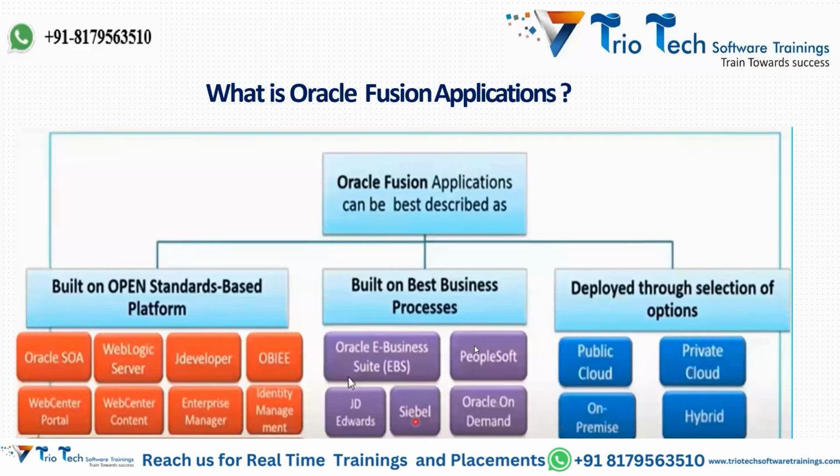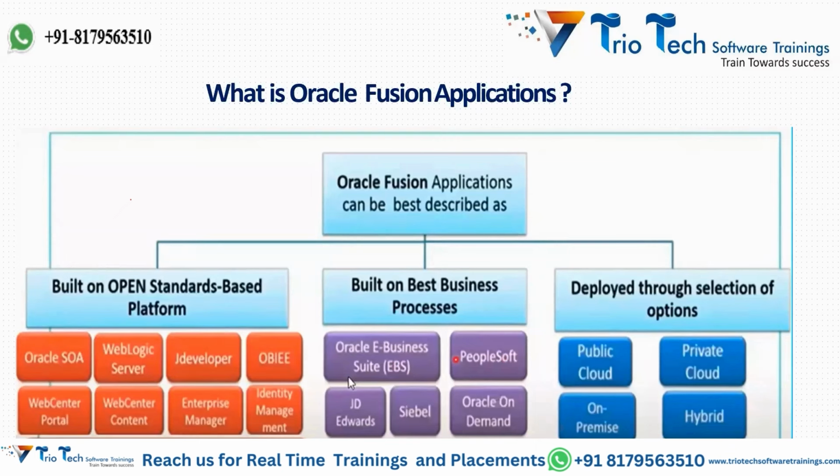And this is something very important everyone should know. Oracle Fusion applications are built on best business processes. What do I mean by this? Oracle E-Business Suite, PeopleSoft, JD Edwards, Siebel, these all are the existing ERP applications in the market.